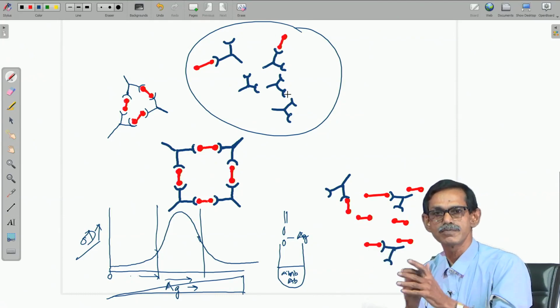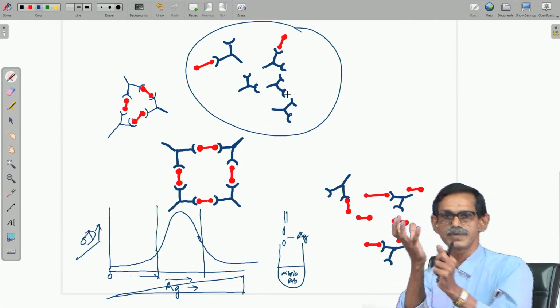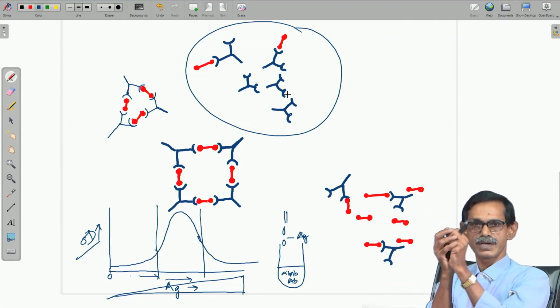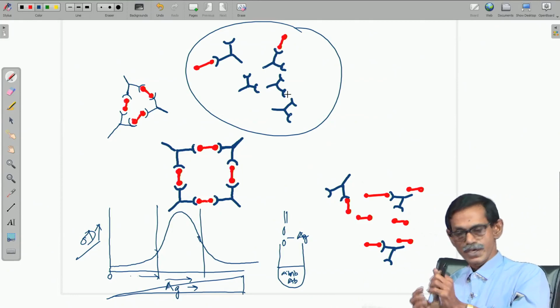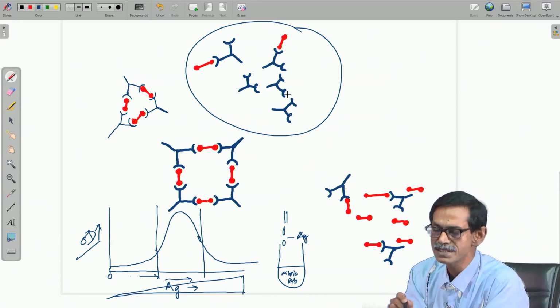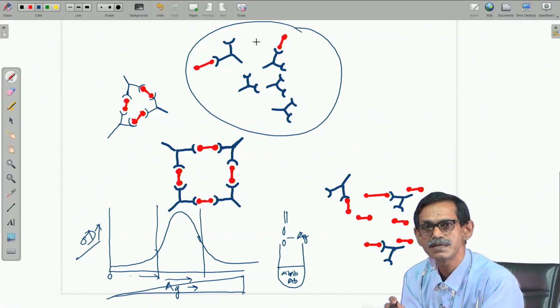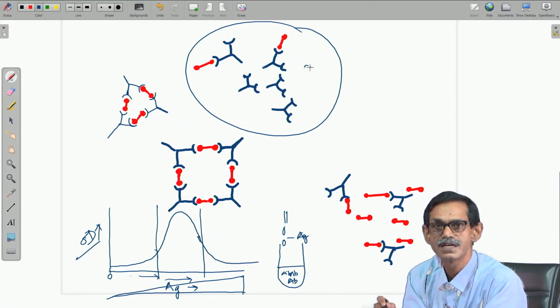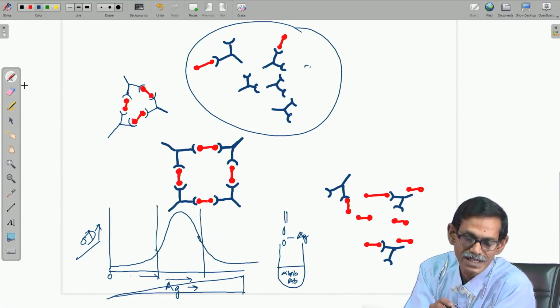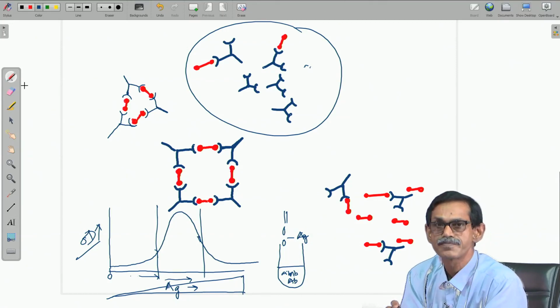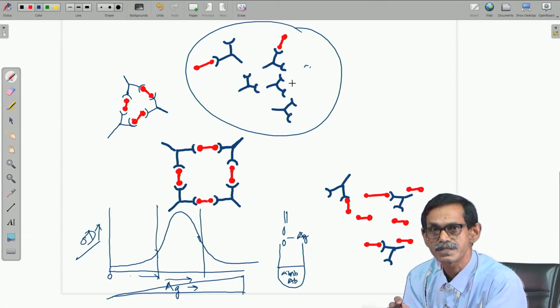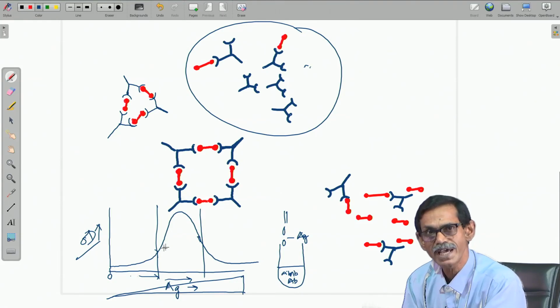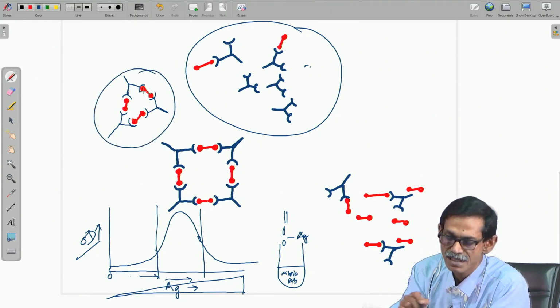There will be no precipitation, because to precipitate, something should be a little heavier or make a bigger complex so that it pulls down. As long as this is there, you will not see any precipitation.